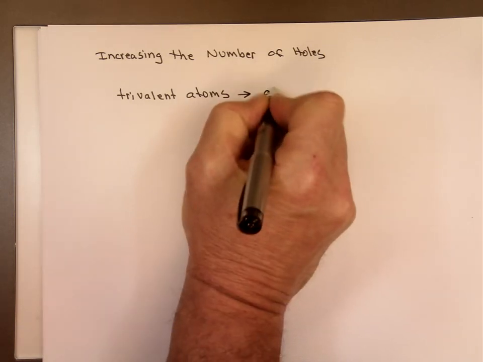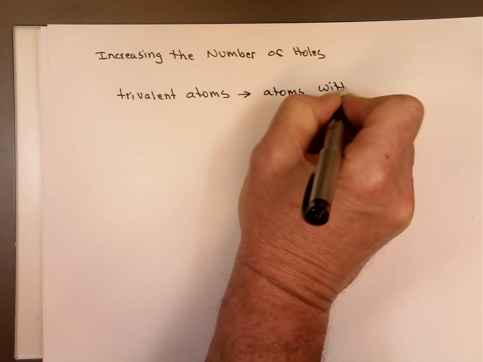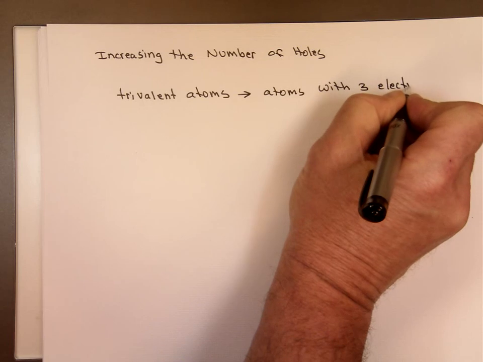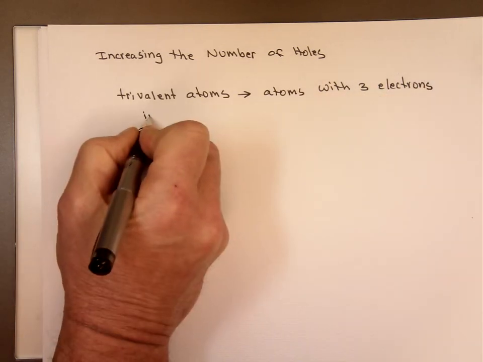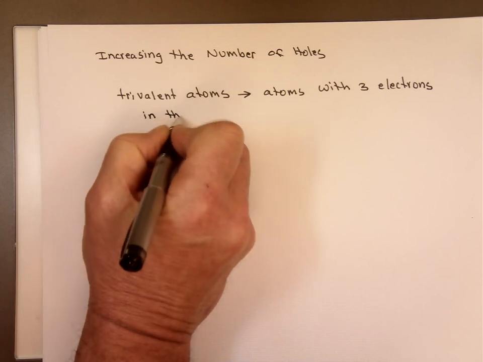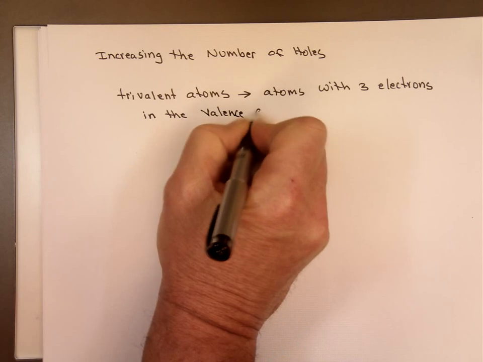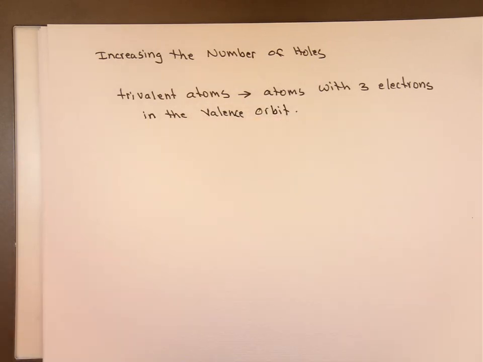Atoms with 3 electrons in the valence orbit. Let's think about this. Think again, chemistry.